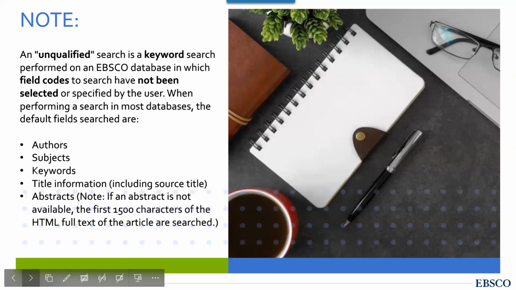So when performing a search in our databases, the default fields that are searched include authors, subject terms, keywords, title, as well as the abstract. And in the case where there is no abstract for a record, then the first 1,500 characters of the full text of the HTML article of that record would be searched.